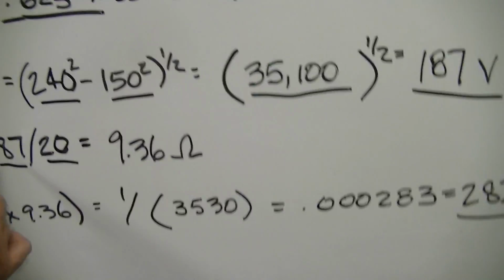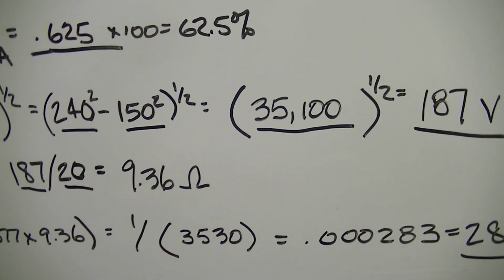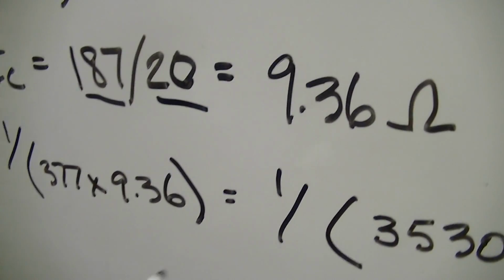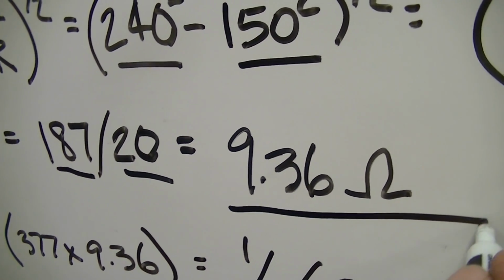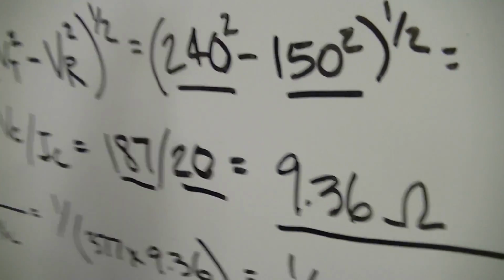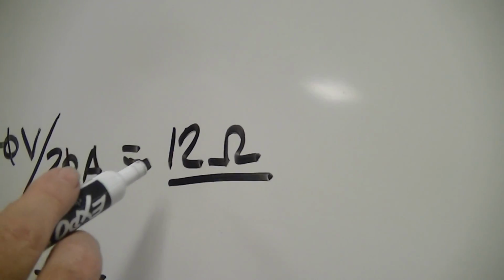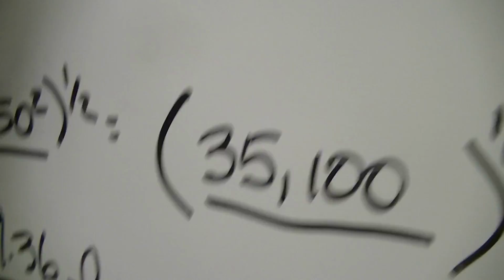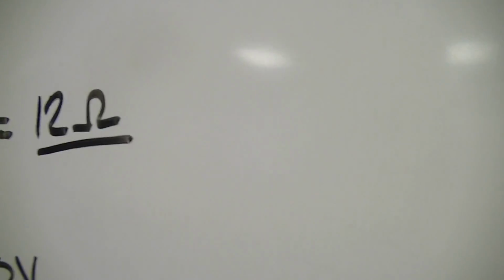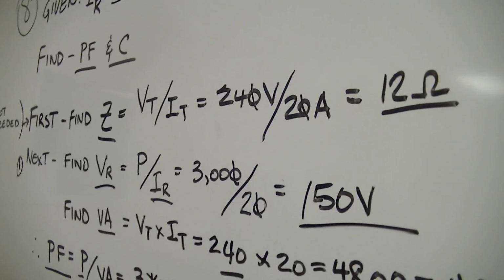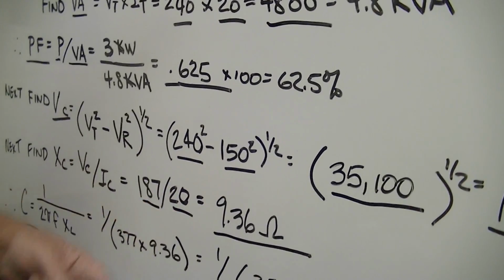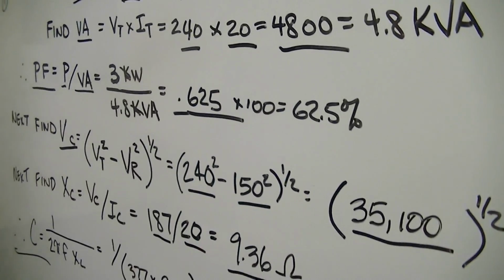So 187 divided by 20, put it in my calculator, and it came out to be 9.36 ohms. Now, up here, when I calculated Z, 9.36 compared to 12, I expect Z to be higher, so therefore, in this case, it makes sense, all right?